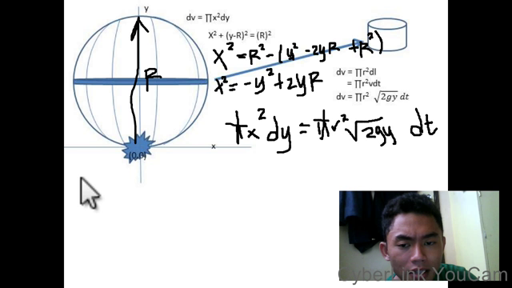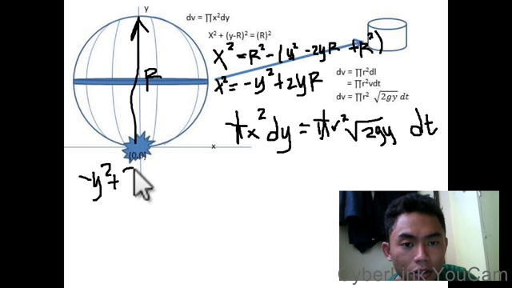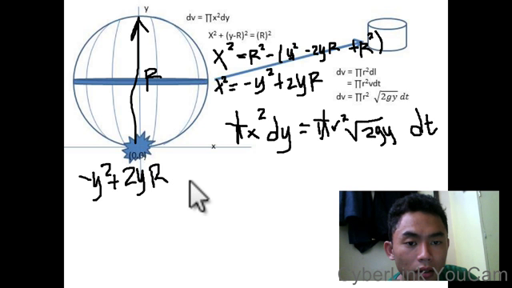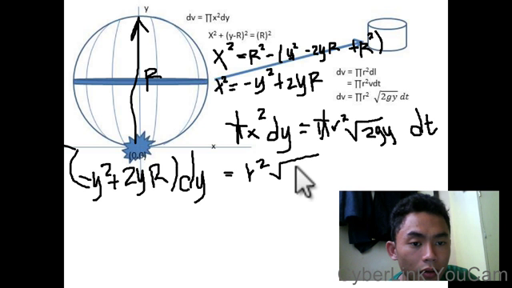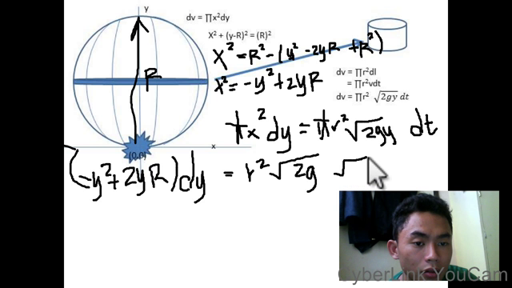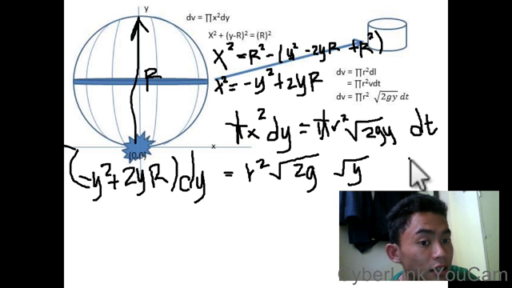So negative y² plus 2yr dy in terms of y is equivalent to r² square root of 2g square root of y dt.